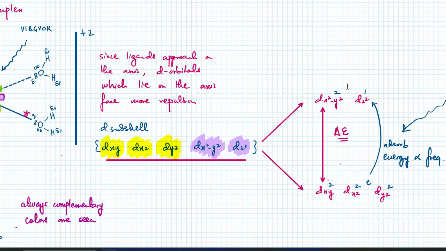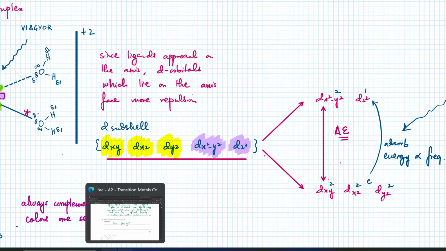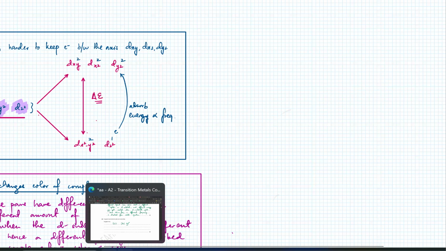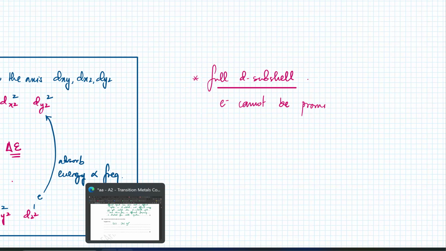Yes, sir. So I'm just going to add this somewhere over here: if you have a full d subshell, then electrons cannot jump around, cannot be promoted, or they can't absorb energy.